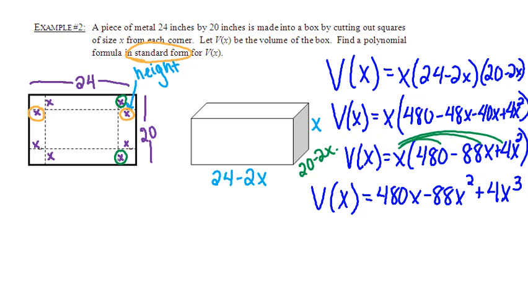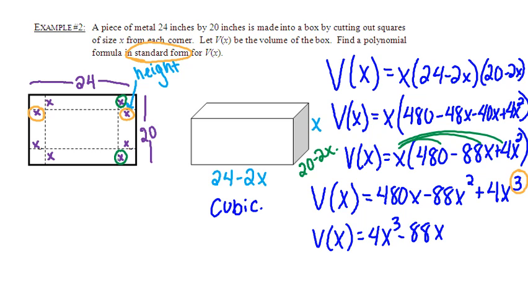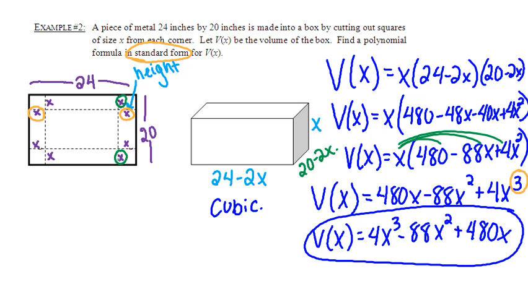And we know from class that standard form means that we have to write it in descending order of our exponents. My highest exponent currently is a 3, which means that this is a cubic polynomial. And that means we want the 4x cubed to be at the front. So v of x is really 4x cubed. My next highest power is my negative 88x squared plus 480x. And that's going to be our final answer.